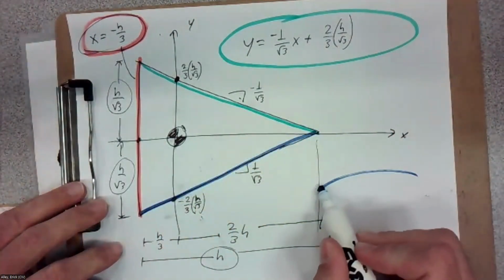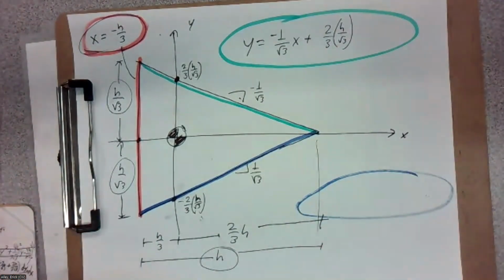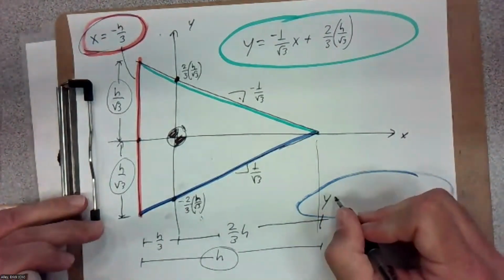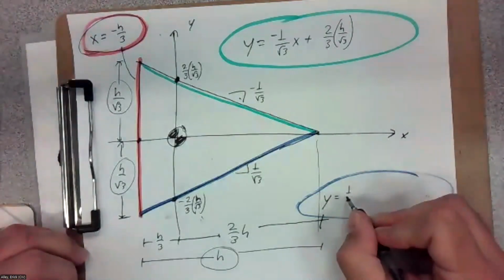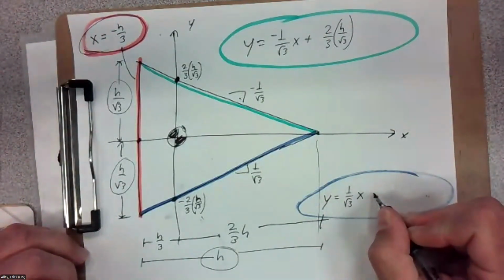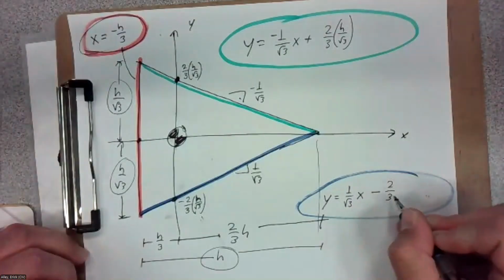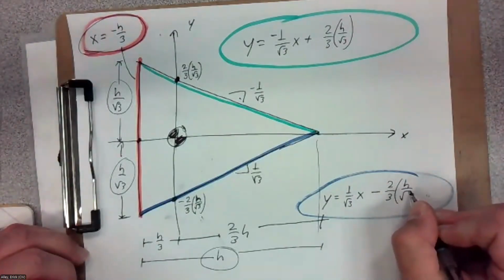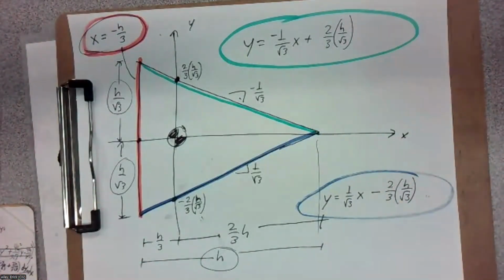It's not too bad. Now let's get the third one down here. This time we're going up in slope, so we get 1 over root 3 x minus, for the y-intercept, 2/3 h over root 3. So I got a simple line equation that describes each of these three sides.